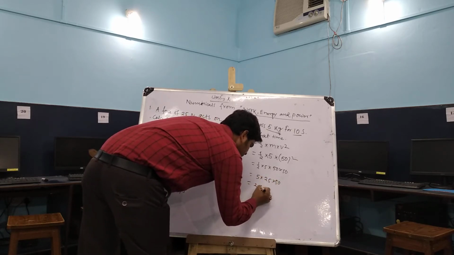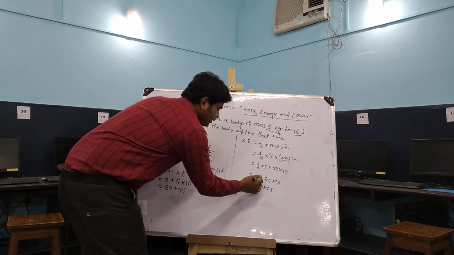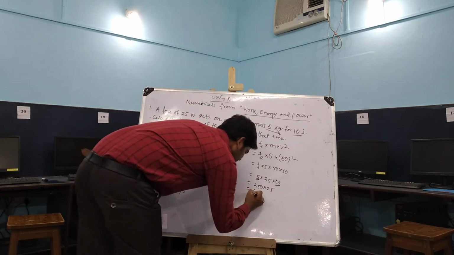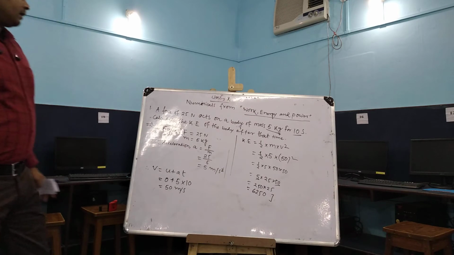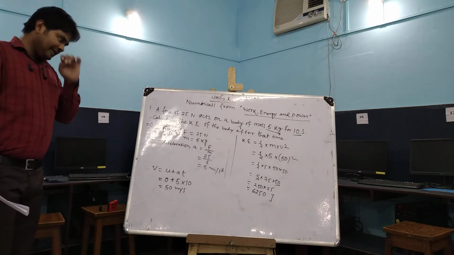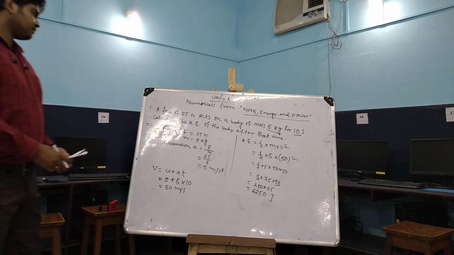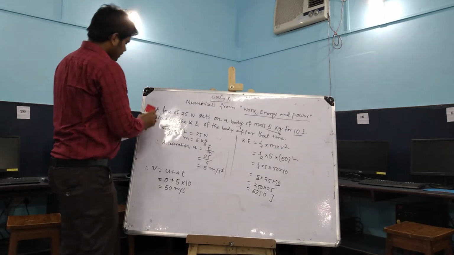So 250 into 25, we will get 6250. The unit is joule. So the kinetic energy of the body is 6250 joule. This is the answer. Okay, I am erasing it.